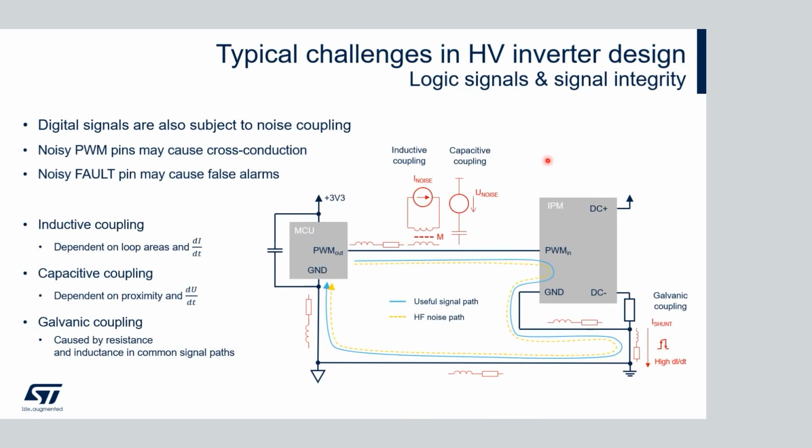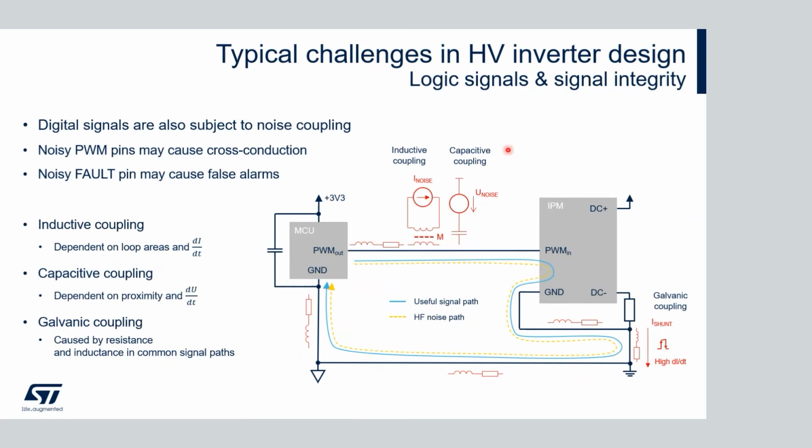Okay, so what is the noise actually coming from that you can measure on the signals and that you have to tackle? It can be separated into three categories. The first is the inductive coupling coming from rapidly changing current in the nearby current loops.